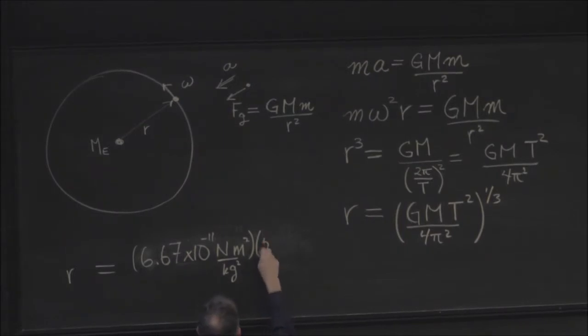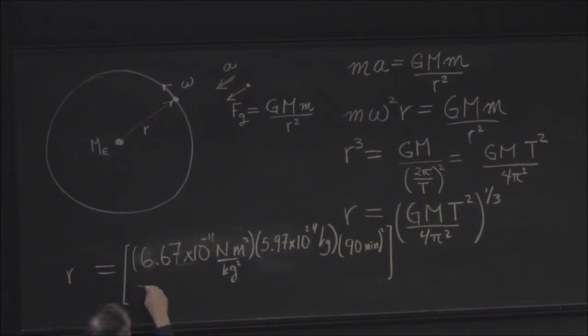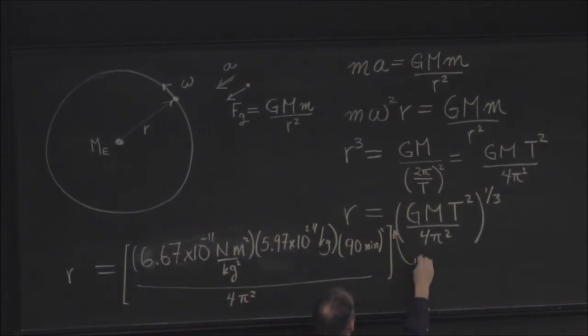Mass of the Earth, 5.97 times 10 to the 24 kilograms. T squared, so that's 90 minutes squared, over just 4 pi squared. And raised to the 1/3.